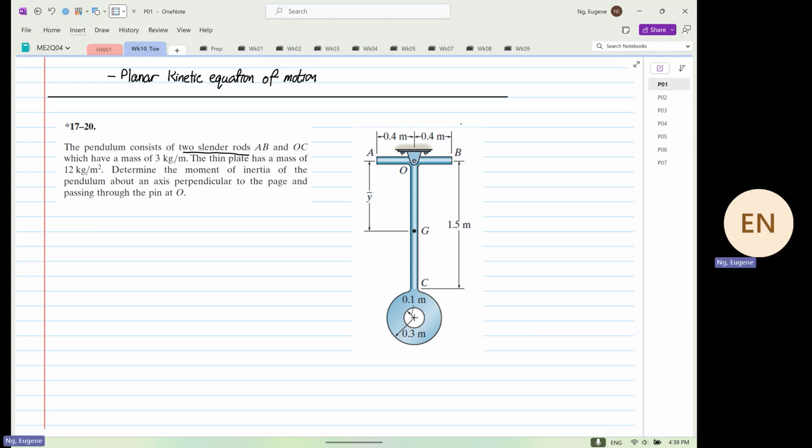The thin plate has a mass of 12 kilograms per meter squared. Determine the moment of inertia of the pendulum about an axis perpendicular to the page.